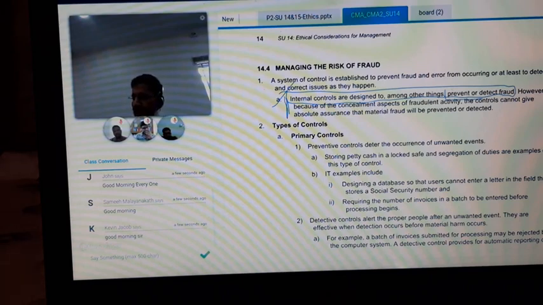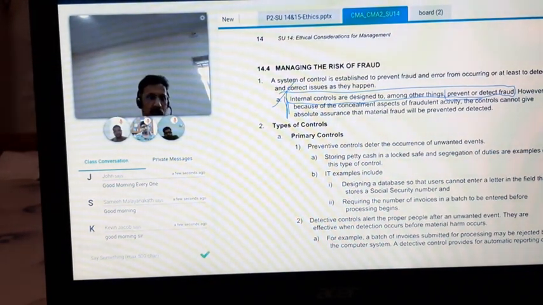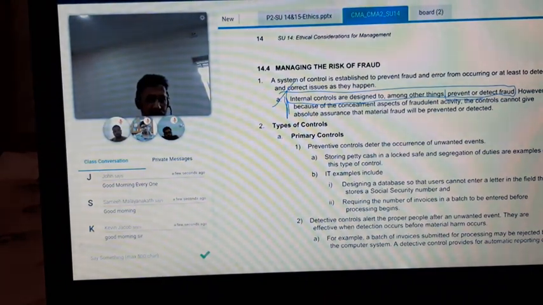There are many examples that we give. Password protection is a preventive control to ensure that unauthorized people do not have access. And there are many input validations. When you enter numbers in the name field, of course there could be an error, so you can prevent that. You can have reasonability checks, logical checks. In an alpha field, you should not have a number, and in a numerical field, you should not have alphabets.